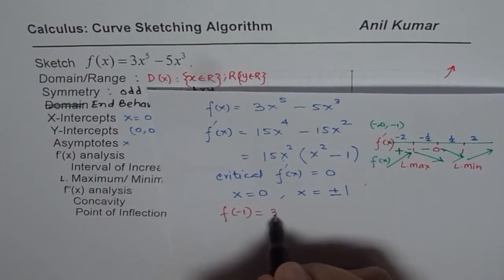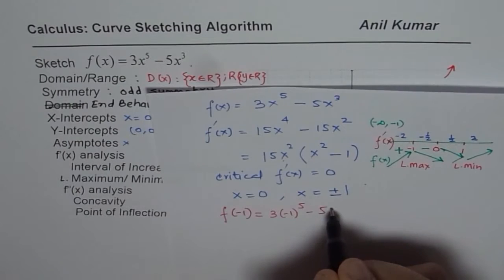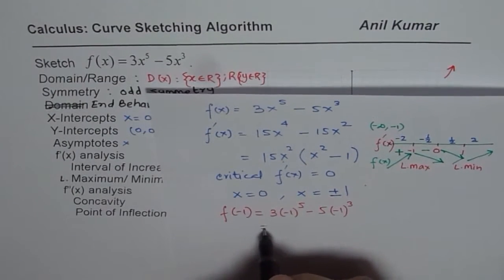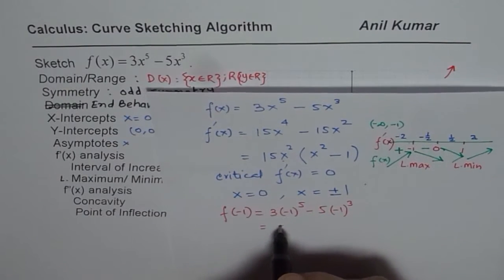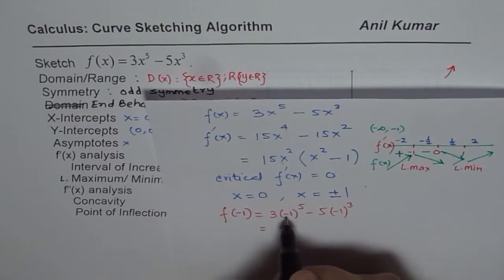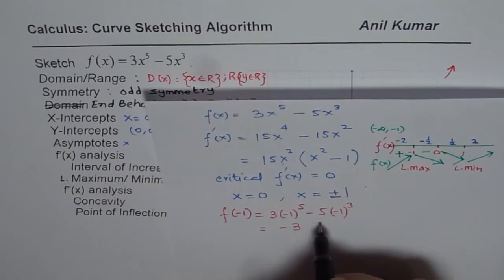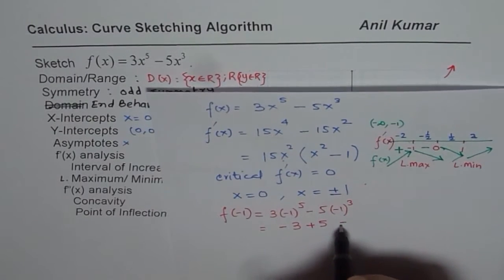So if I substitute, I get 3 times (-1) to the power of 5 minus 5 times (-1) cubed, and that gives you -3, because this is negative, and this is also negative, so negative becomes positive, +5, and we get a value of 2.